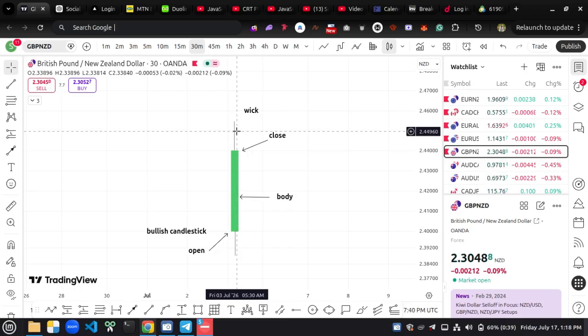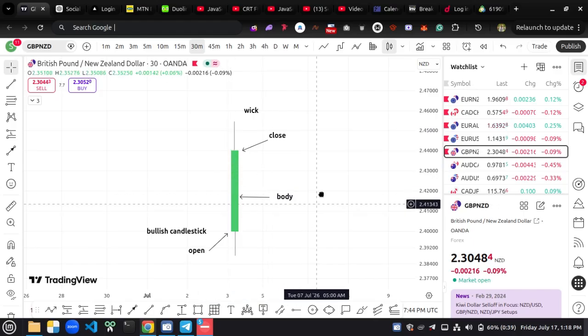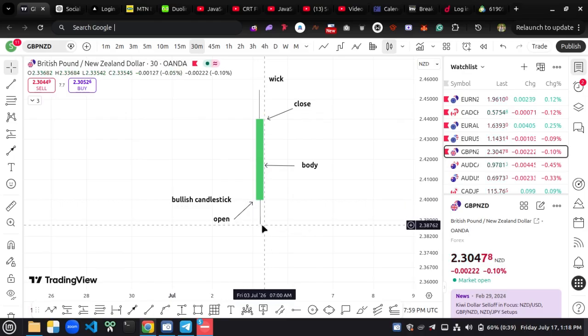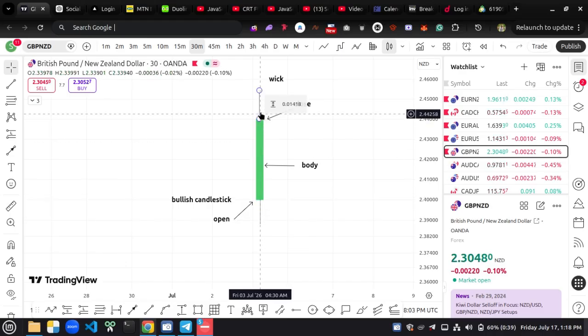What the wick of any candle shows is the fact that, let me assume when the market opened at this point, sellers basically tried to push the market below like this. They tried pushing it below, but then this wick shows that the market did not stay in this range. Rather, it went back up to this point, then pushed down like this before it closed.